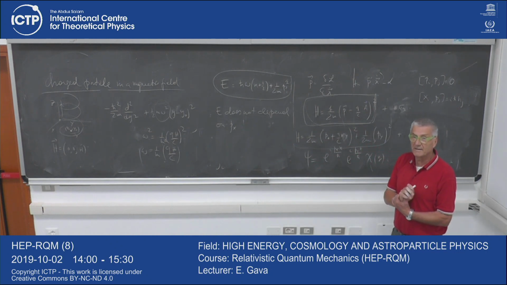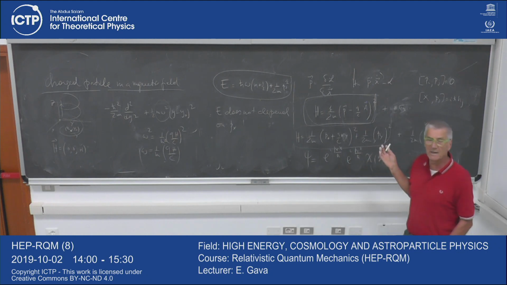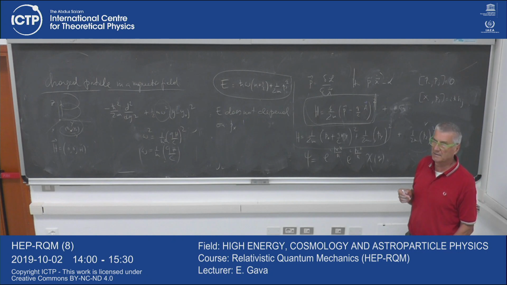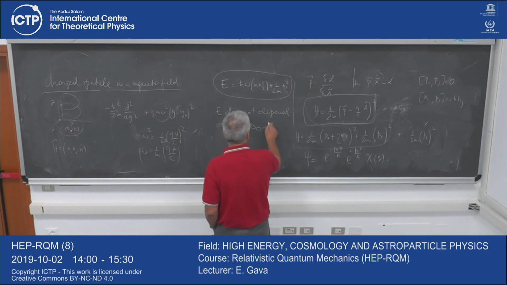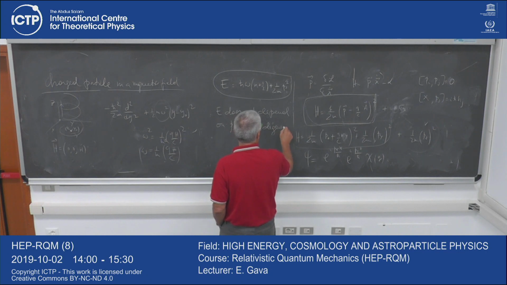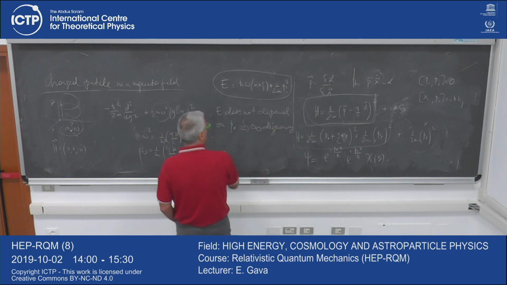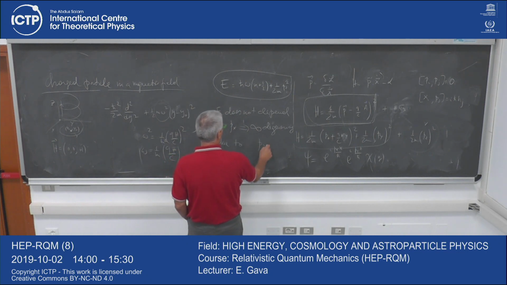But this center is a continuum variable, because it's one of our quantum numbers. So there is an infinite degeneracy, because px goes from minus infinity to plus infinity. So this implies there is an infinite degeneracy due to px.